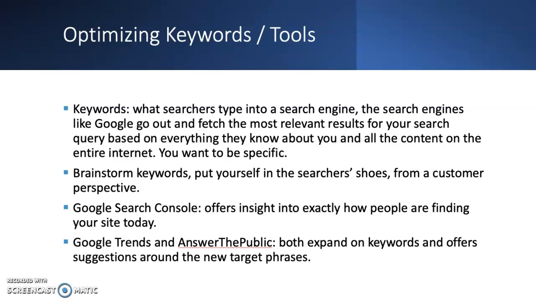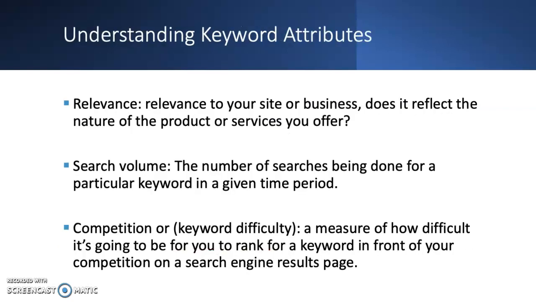Google Search Console offers insight into exactly how people are finding your site today. Google Trends and Answer the Public are tools that both expand on keywords and offer suggestions around new target phrases. Basically, you can make a list of these keywords, and then you go to Google Trends or Answer the Public, and they can expand more on those keywords and offer you more suggestions.